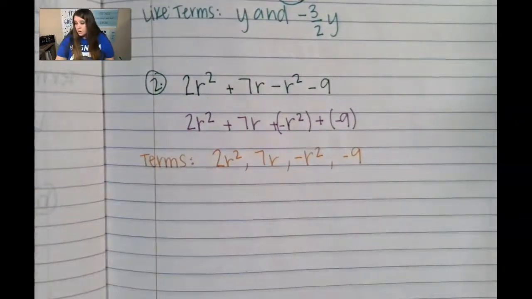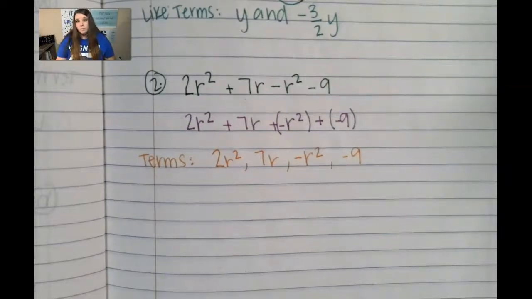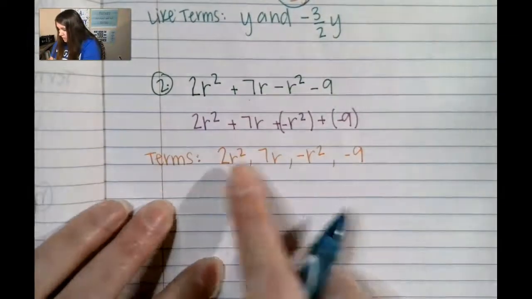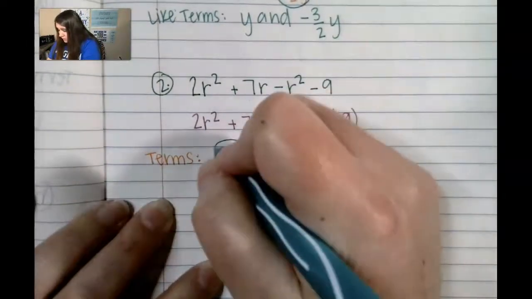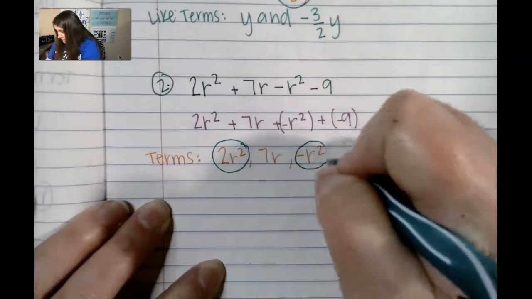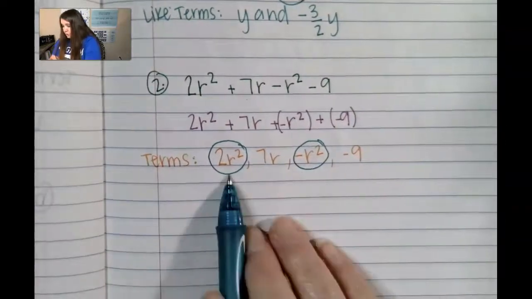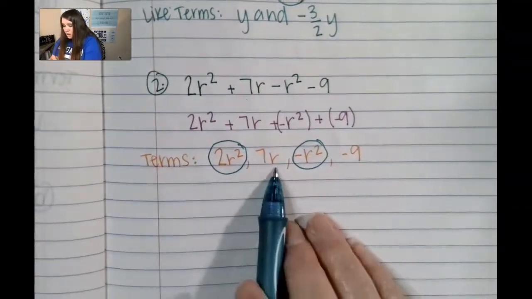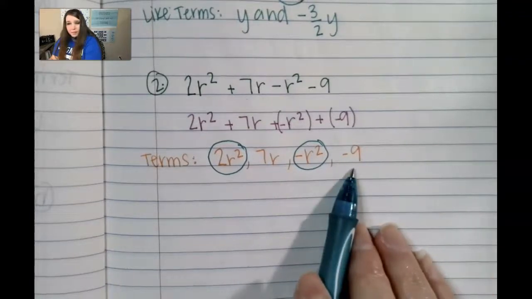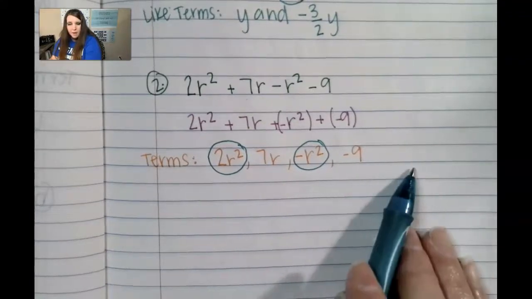Okay, so let's start now by identifying things that are the same. So I see this is an r squared, that is an r squared. So both of these are the same type of term. 7r does not have a match, and this constant does not have a match.